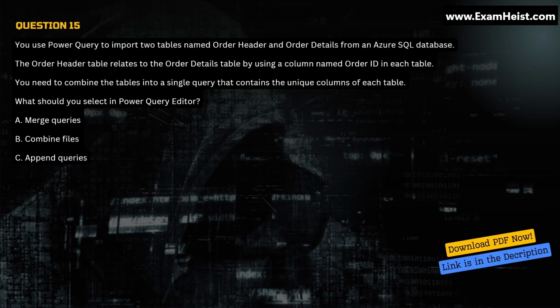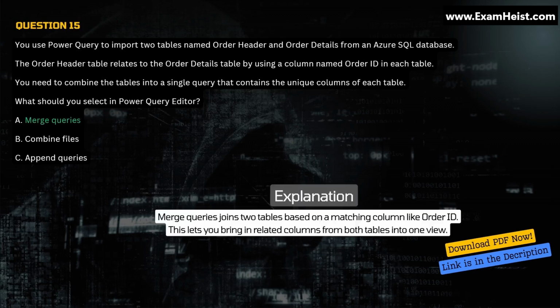What should you select in Power Query Editor? A. Merge queries. B. Combine files. C. Append queries. Correct answer is A. Explanation. Merge queries joins two tables based on a matching column like Order ID. This lets you bring in related columns from both tables into one view.